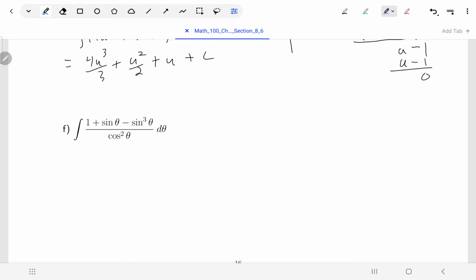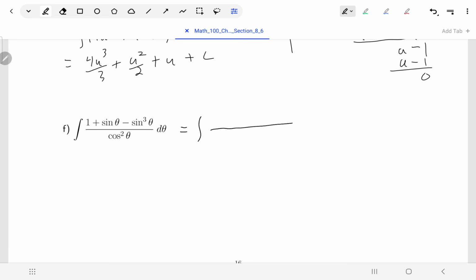That's not really anything nice. So I feel like although the idea of splitting things up into 3 terms rather than having one big fraction is a good idea, right now I don't think that's super helpful because that will leave us with a sine cubed that I'm not sure what to deal with. So here I have an idea instead of what I might want to do, and that's this.